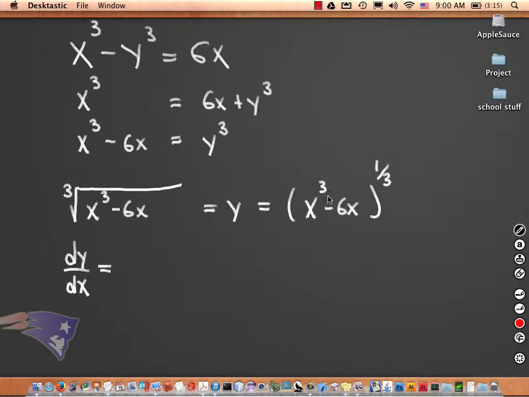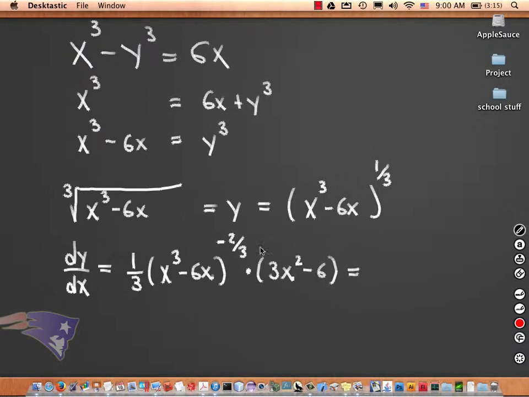So I rewrite this as to the 1/3 power, so 1/3 times x cubed minus 6x to the 2/3 power, times 3x squared minus 6. Now let's rewrite this. This becomes 3x squared minus 6 all over 3 times x cubed minus 6x to the 2/3 power. Not too bad, right?